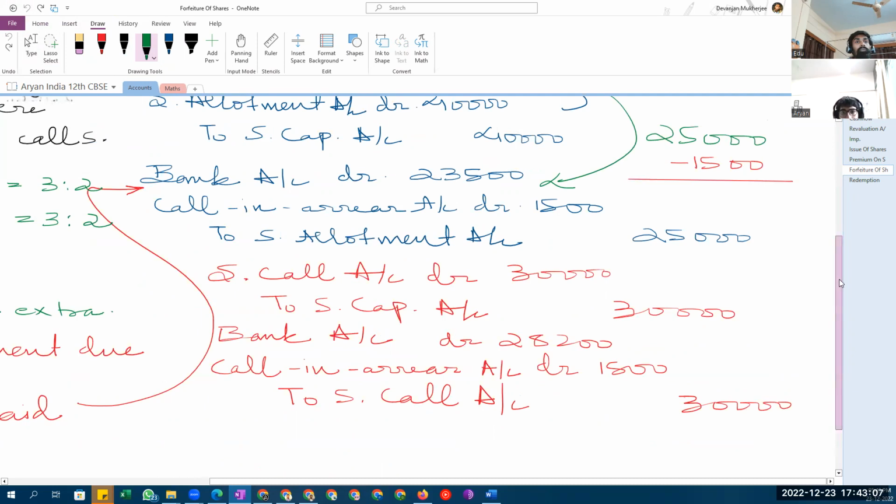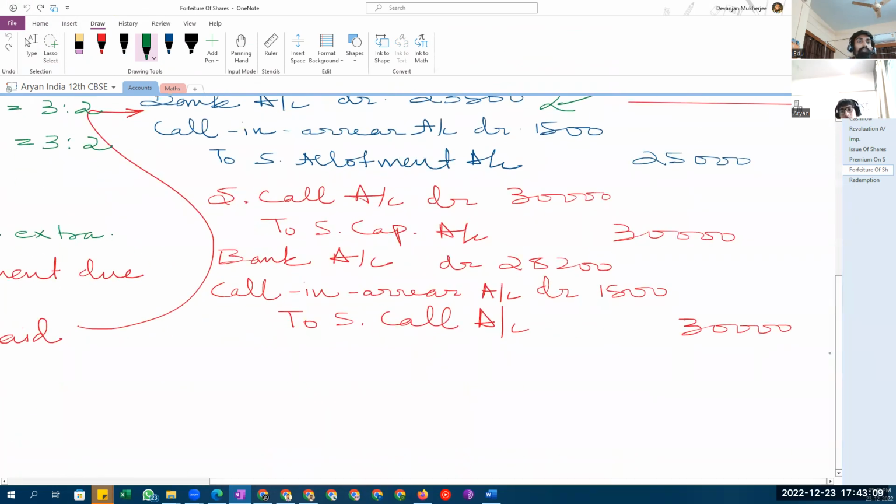Now, why am I telling you this? Because now in the forfeiture, my task is to remove him as a shareholder. In order to do that, I will have to remove all of the money that belongs to this man, which is included in the share capital.